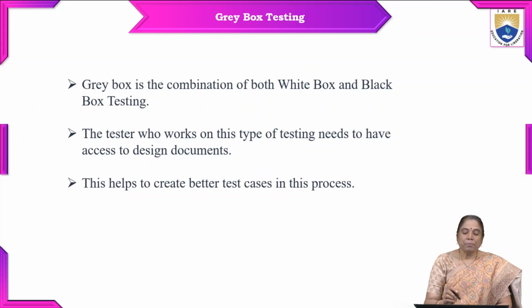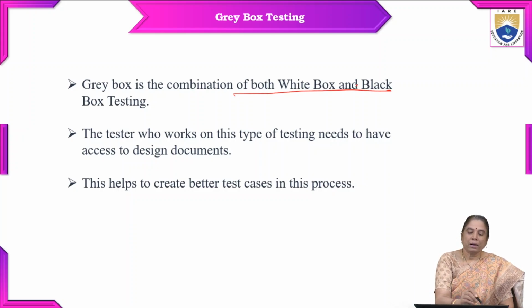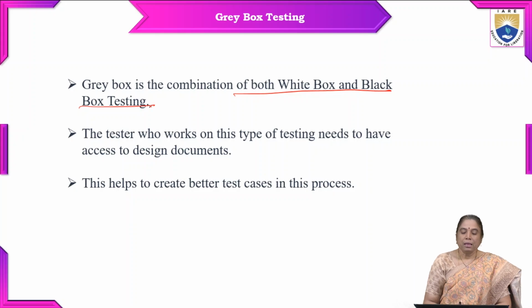It is the combination of both white box and black box testing. The tester who works on this type of testing needs to have access to the design document. The design document provides the blueprint for the relation between various objects and classes in the application.